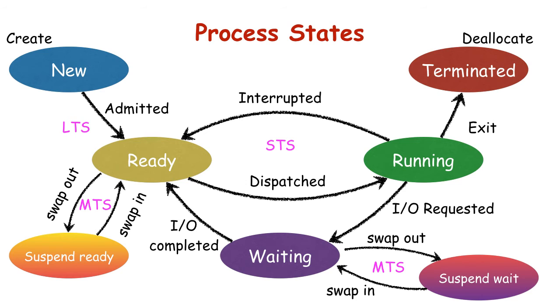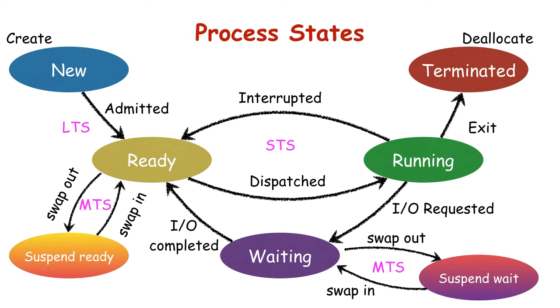So in that case, the ready queue will have to make space for that process as it has a higher priority. So it will swap out the low priority process to the suspended ready state, and when it has space to accommodate that back in, it would go to the ready state again.